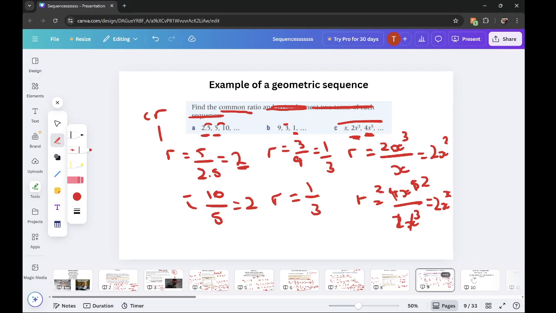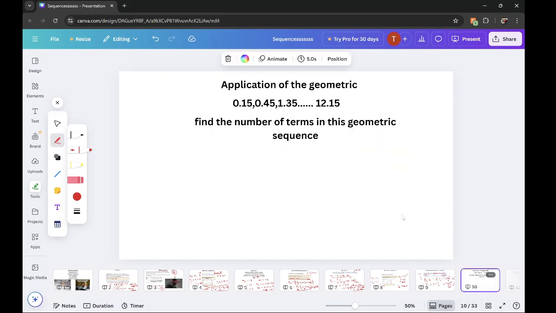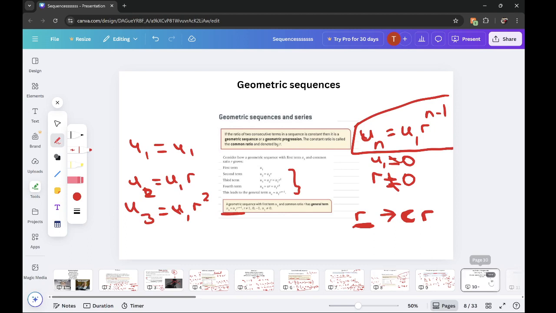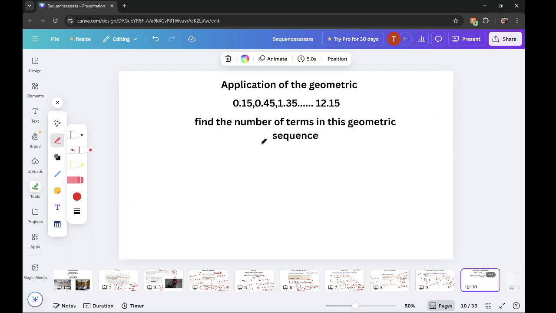We're going to be moving on to a question if you think that will help you make it make more sense. So this is an application of the geometric sequence. In this case over here, you have to apply the formula of the geometric sequence. So this formula that we learned over here, this is what you're going to have to be applying now. The sequence is 0.5, 0.45, 1.35, all the way to 12.15.